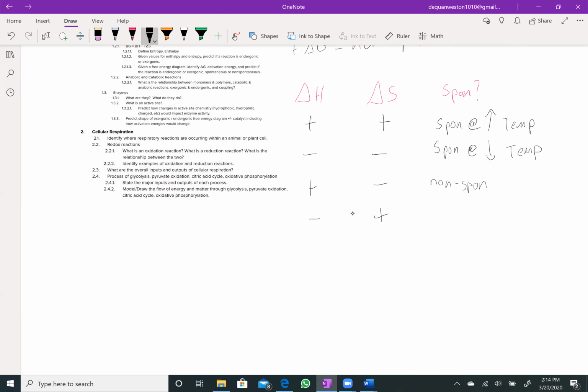You can get into some high levels of chemistry where that doesn't apply. Obviously, there's extremes to any situation where you can make something happen, like if we heat this thing up and use all the correct enzymes, it'll be spontaneous. And then for this one, entropy is increasing, so this is going to be spontaneous.